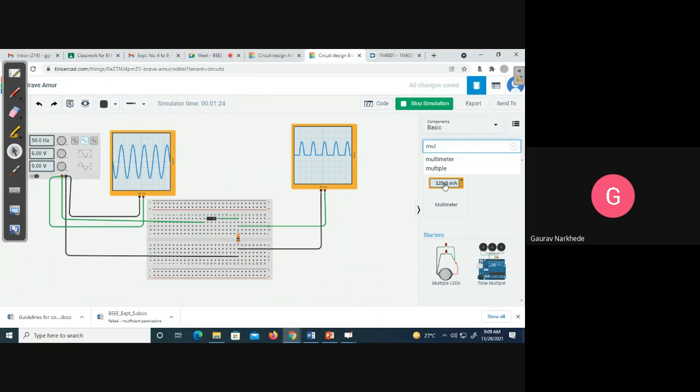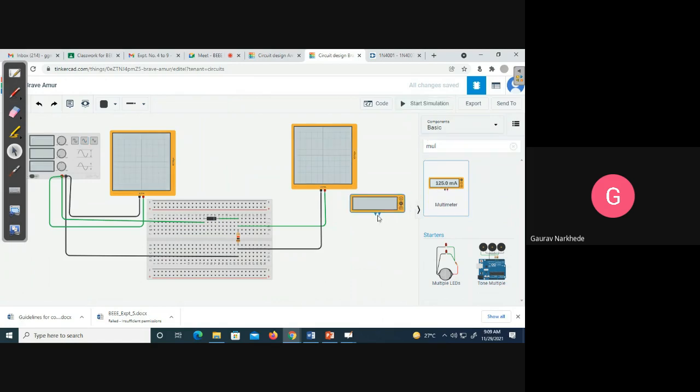So this is your multimeter. I'm keeping this here and configuring it to measure the voltage across the resistor.